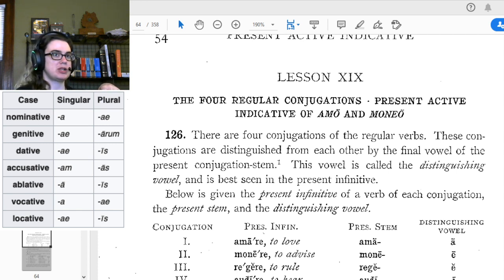Mostly we're dealing with indicatives right now, so that's simple statements, but there's also imperatives where you command someone, infinitives, which is the 'to' form of the verb: to love, to advise, to rule.